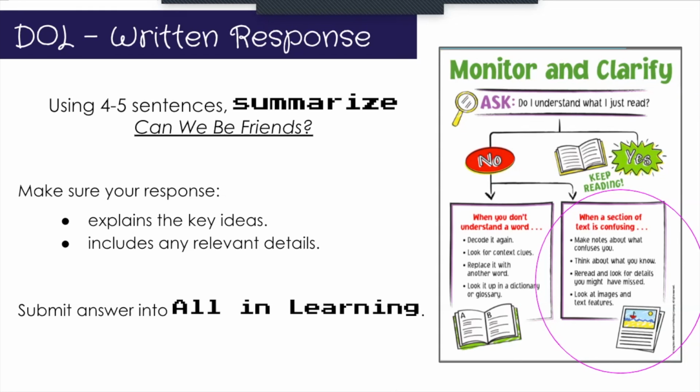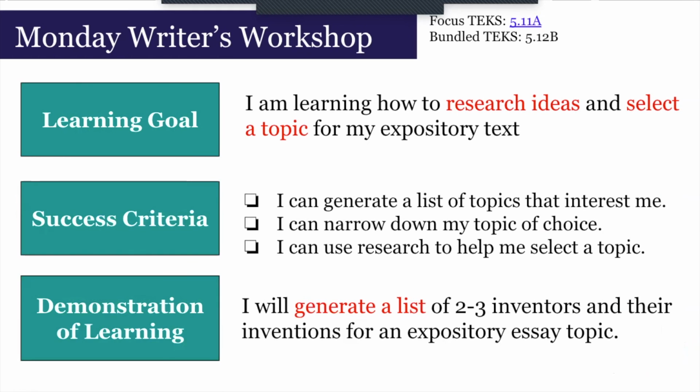Make sure your response explains the topic and the central idea, and include all of the details from each of the sections that we read independently. You'll type up this summary and enter it into All in Learning. Go ahead and pause the screen, and when you're ready to continue, hit play.